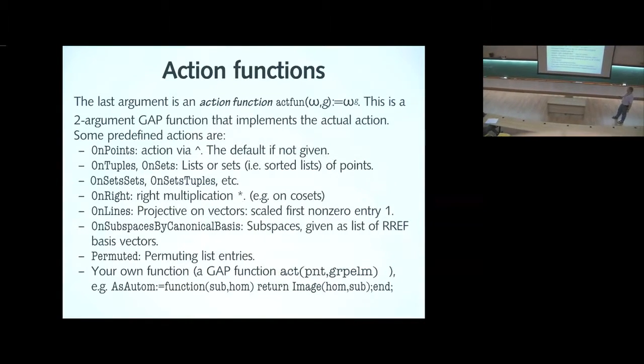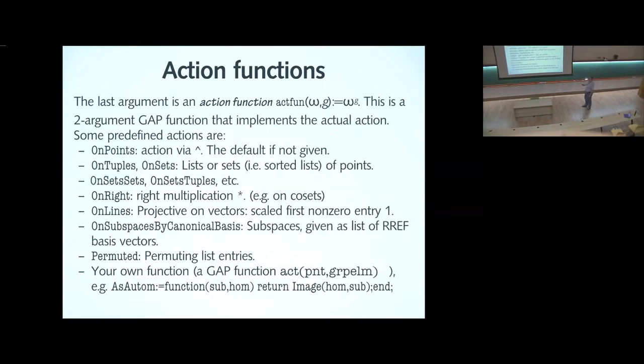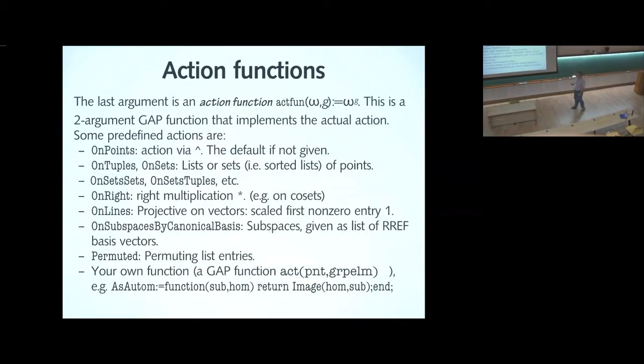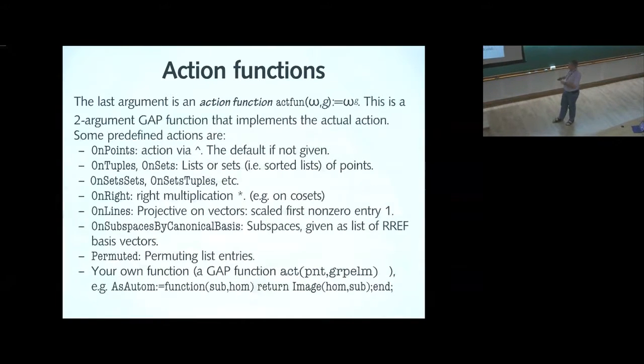There is, for action on subspaces, this on subspaces by canonical basis. We represent a subspace as a list of basis vectors in reduced row echelon form, which is then a unique form to represent that subspace. Permuted would permute the entries in a list. And in particular, you can define your own function.